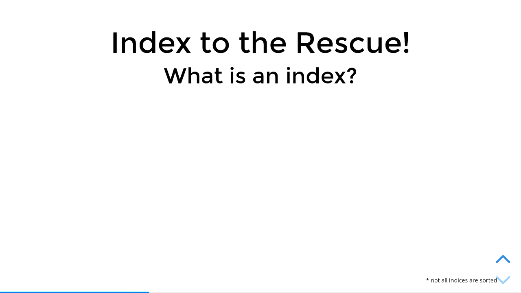So, indexes to the rescue. What is an index? Basically, it's, in this case, a key value store where the keys are the list of values in the field that we've asked to index, and the values are the page number and item ID that we mentioned before. So when Postgres wants to find something, it knows what page to go to.